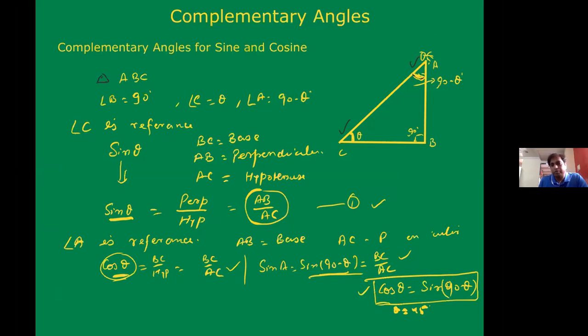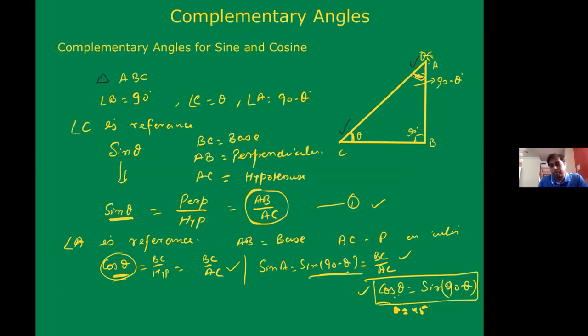If we take theta equal to 30 degrees, cos 30 is root 3 by 2, and sine 90 minus 30 is sine 60, which is root 3 by 2. So both sides are the same.